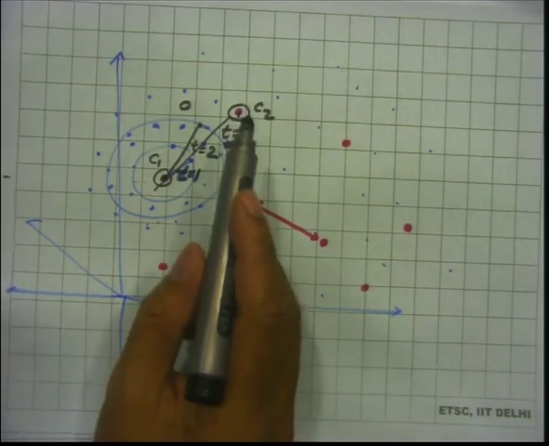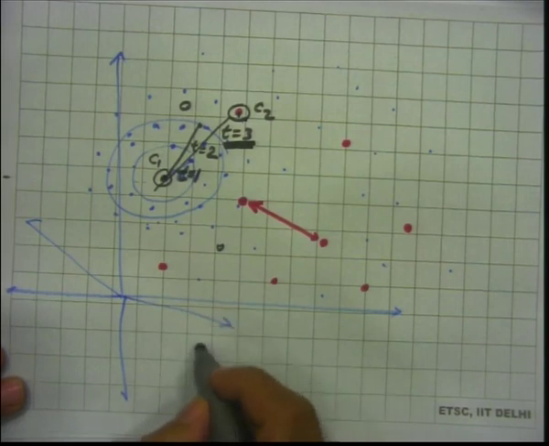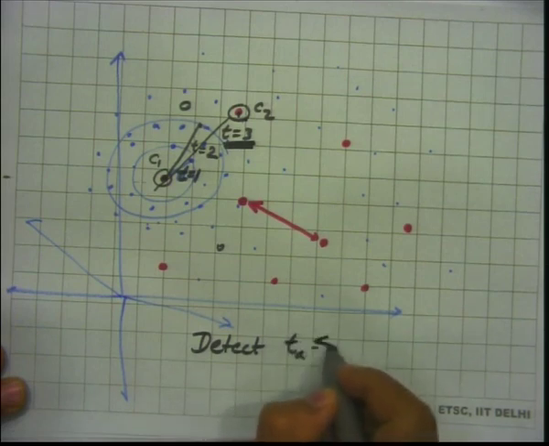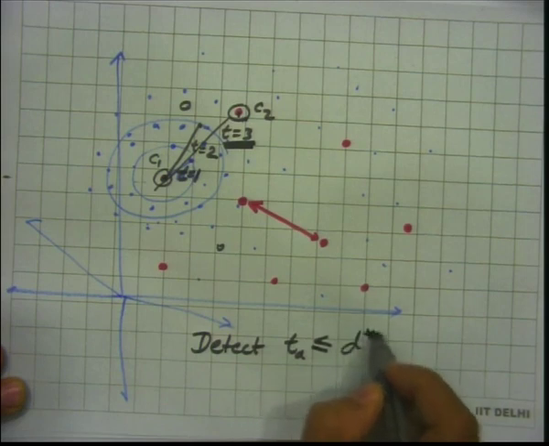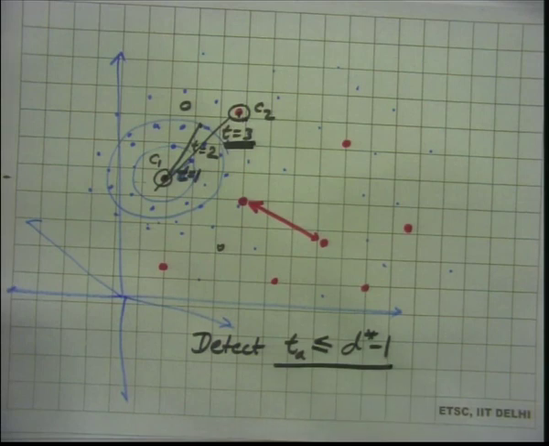So, in the worst case, I would like to say the number of errors I can detect is a maximum of d star minus 1. I cannot detect d star errors because one code word will become another code word and there will be no way of finding out.